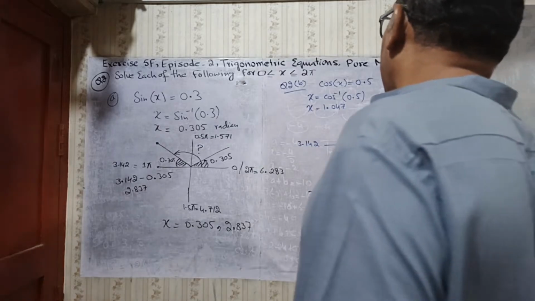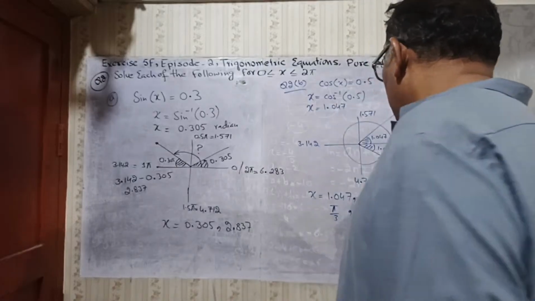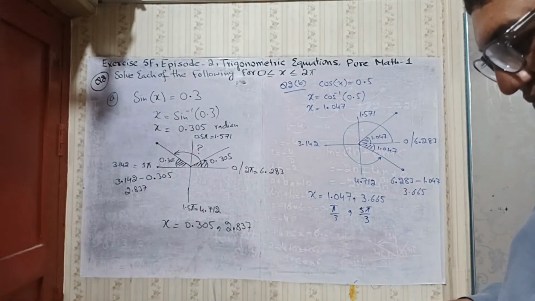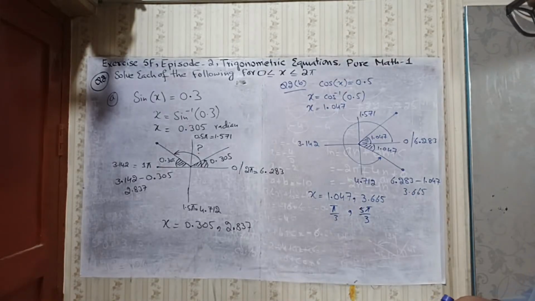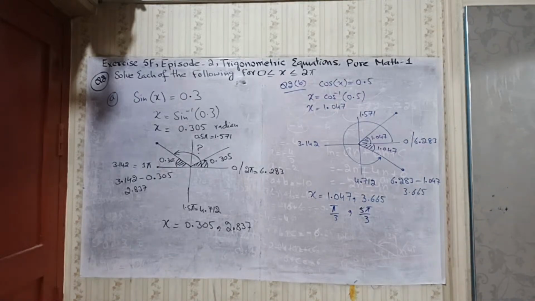5 pi by 3. So if you convert 5 pi divided by 3, you get 5.236. He wrote 5 pi divided by 3 there.